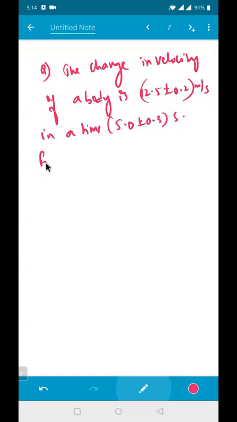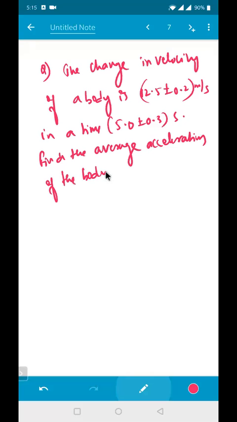Find the average acceleration of the body within error limit.